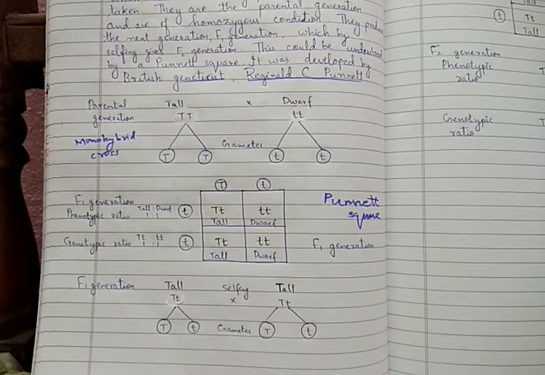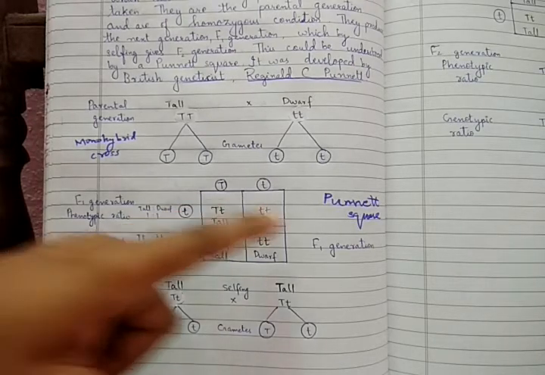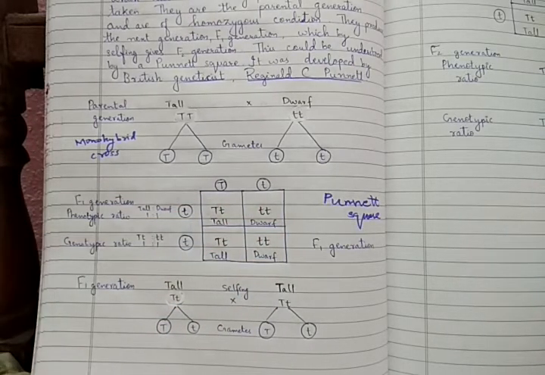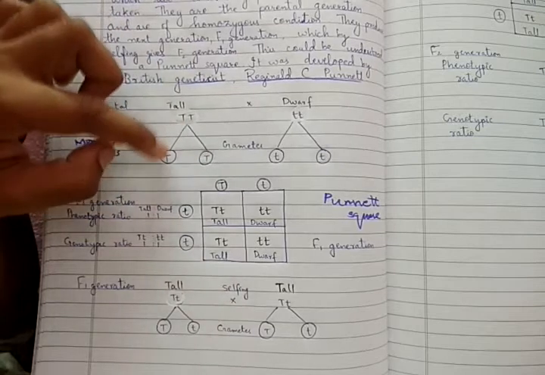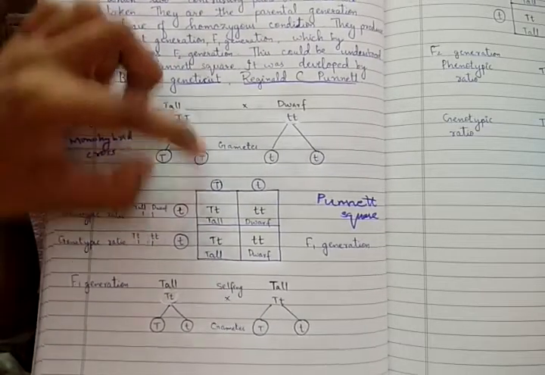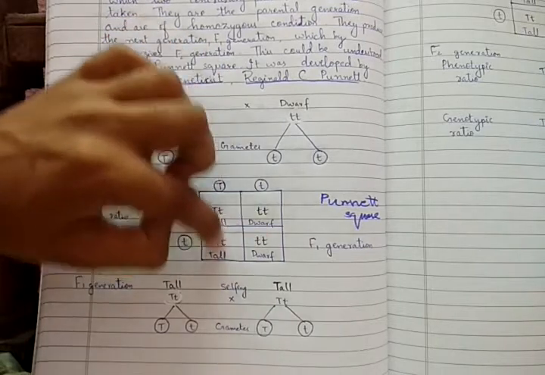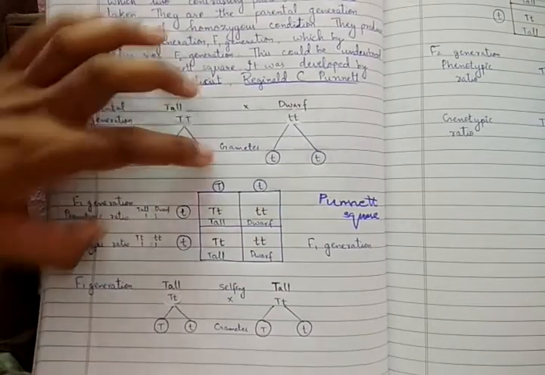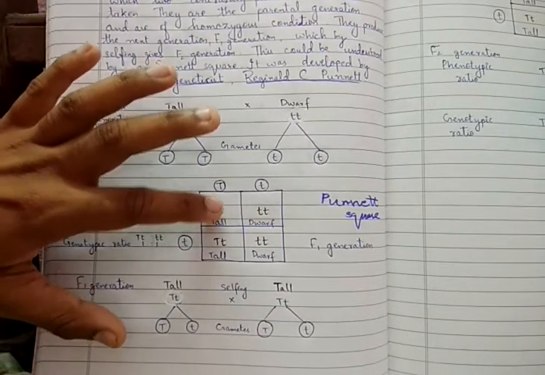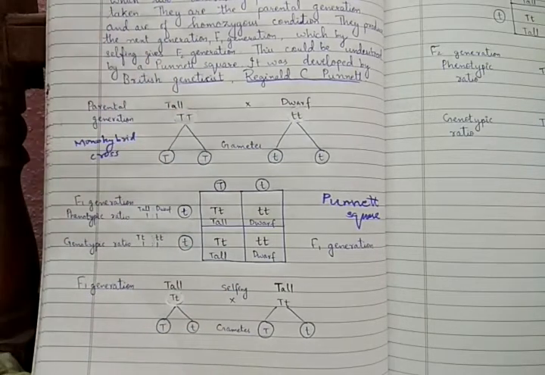That is a simple way to find how many boxes have to be made. Or you can say if there are 2 gametes, then in total you will have double the number of boxes, that means 4 boxes. If there are 4 gametes, then double, right? In that sense we will be making it.